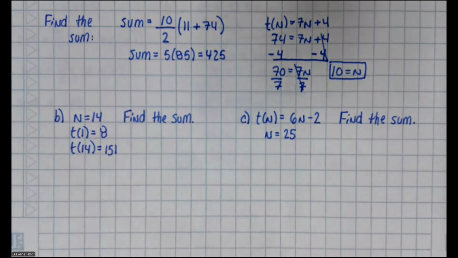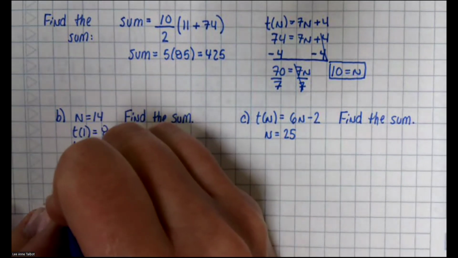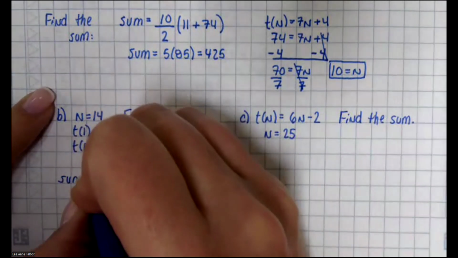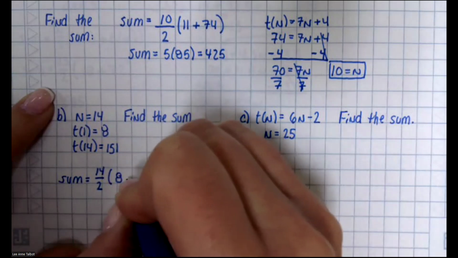The last two problems of the day. Okay. B. Sum equals n over 2, first term plus last term.